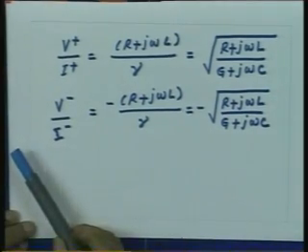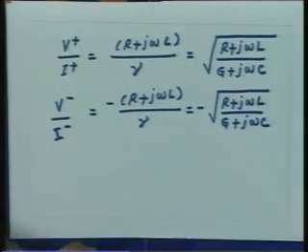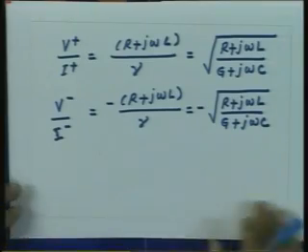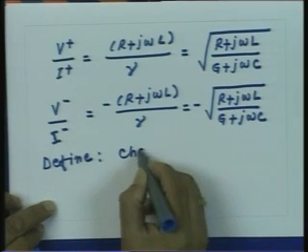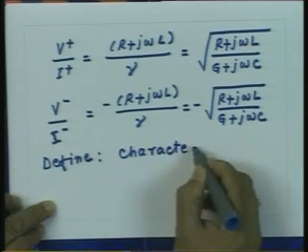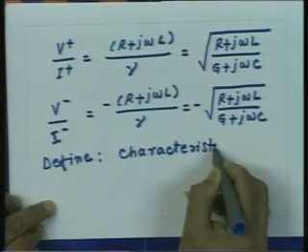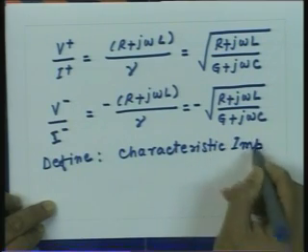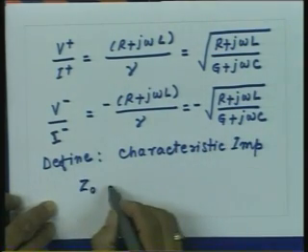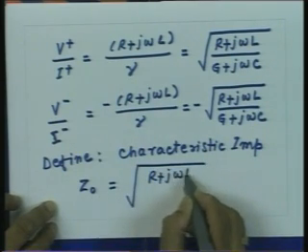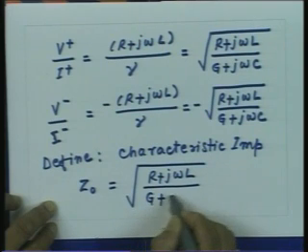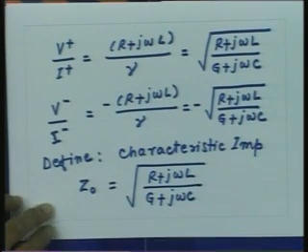That is the reason we define this quantity as the characteristic impedance of the line, and normally it is denoted by Z naught of the transmission line. So, we define the characteristic impedance, denoted by Z naught, that is equal to the square root of (R plus j omega L) divided by (G plus j omega C).